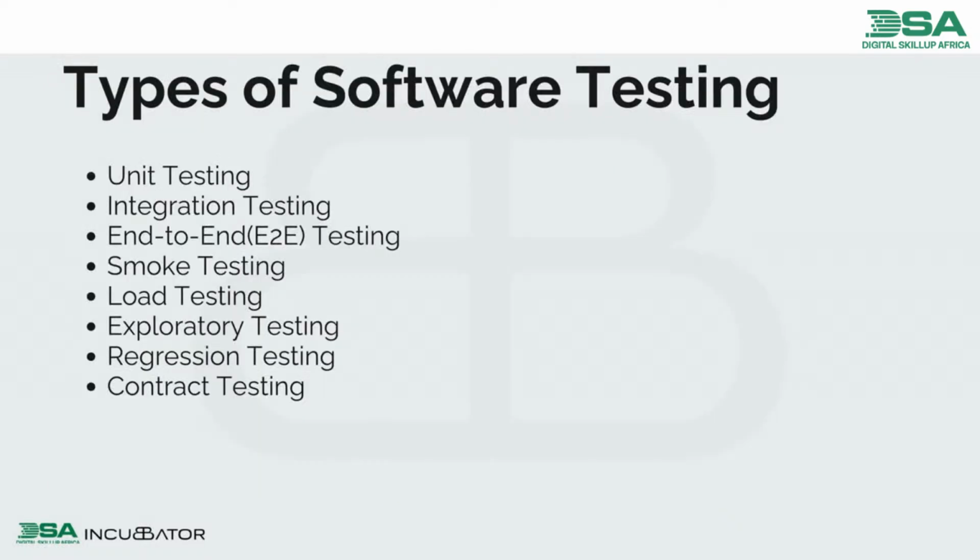So when it comes to unit testing, your software is made up of modules, or you can call it functions, right? And functions are like the building blocks for your software. So when you are doing unit testing, you are testing these small building blocks in your software. It could be functions, it could be methods, it could be classes, but they act together as a unit, right?